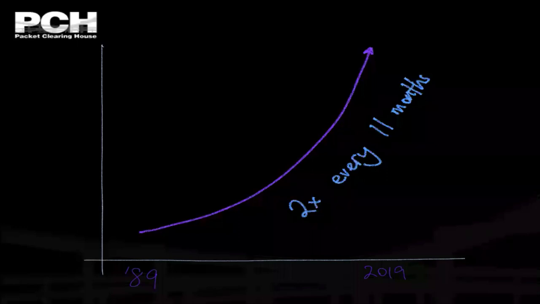Okay, all right. So the rough graph that you see in front of you is my interpretation of what the internet has looked like over the past 30 years. That means from 1989 up to now, roughly every 11 months or so, the internet doubles in size. It doubles in terms of the amount of traffic that's moving across the internet.